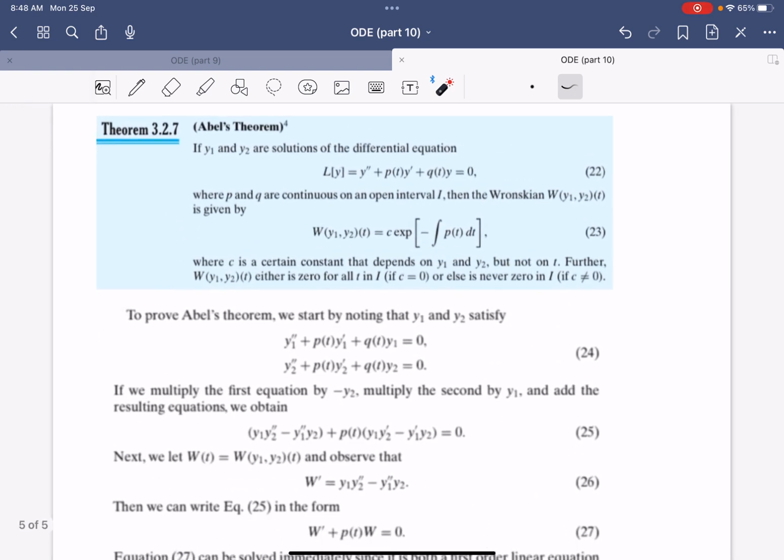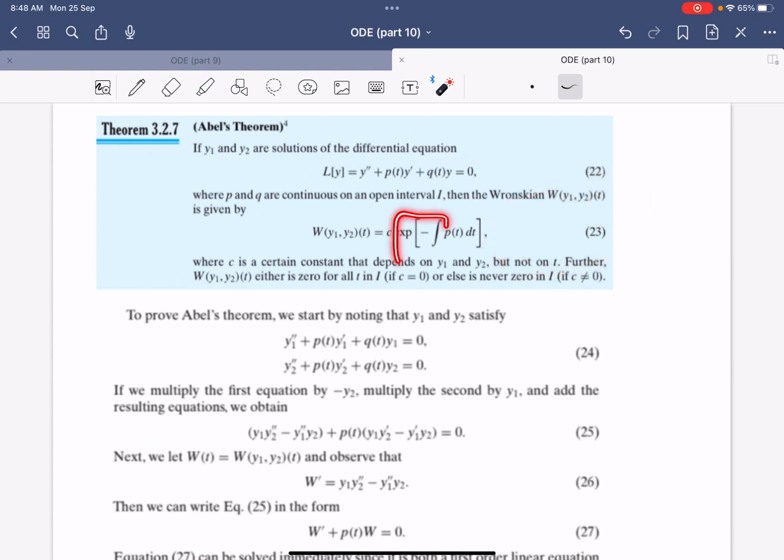Lastly, we have another theorem, known as Abel's theorem, which says that if y1 and y2 are solutions to the second order differential equation, then the Wronskian function will equal a constant times e to the power minus integral p(t) dt. So what do you recognize?